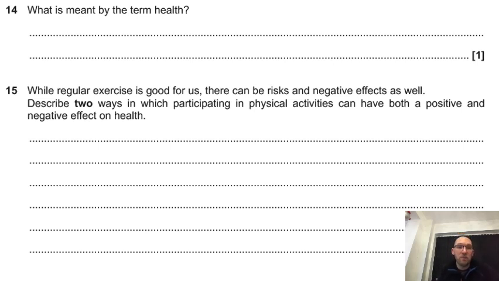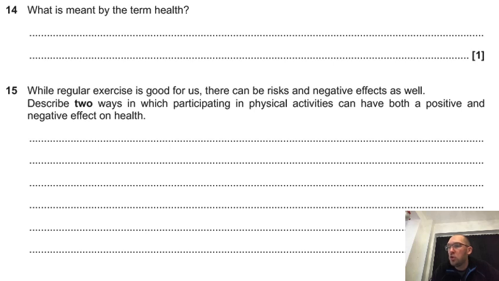Question 15. While regular exercise is good for us, there can be a risk of negative effects as well. Describe 2 ways in which participating in physical activity can have both a positive and negative effect on health. So this question involved 2 marks and so demanded more than a simple recall.